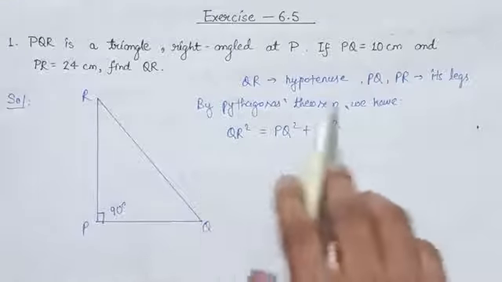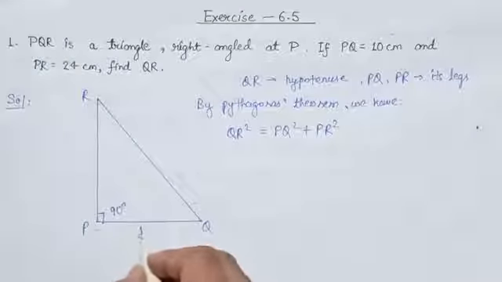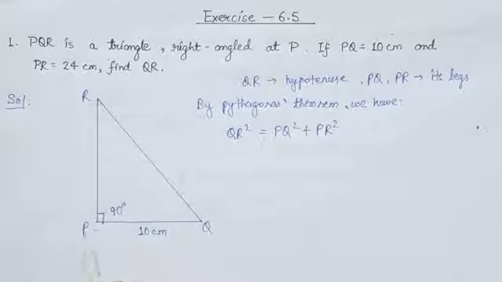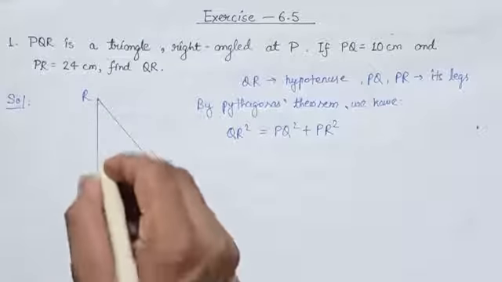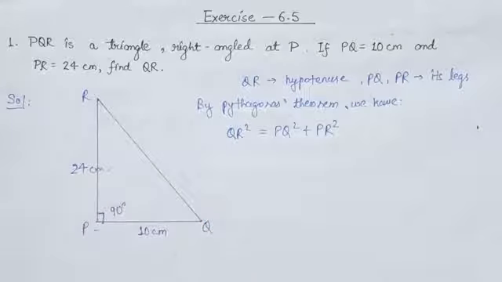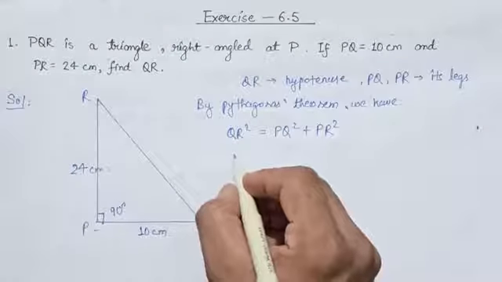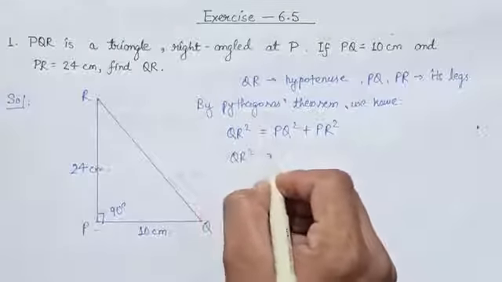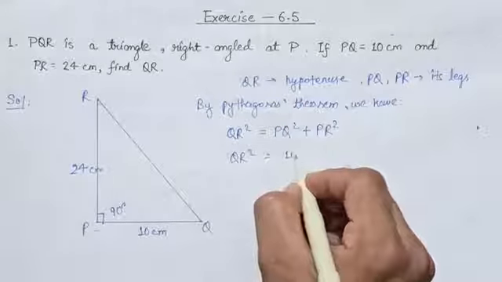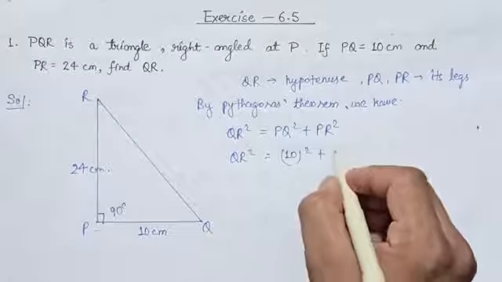In this question it is given that the length of PQ is 10 centimeter, and PR measures 24 centimeter. Now we can put the values in this equation. QR square is equal to 10 square plus 24 square.